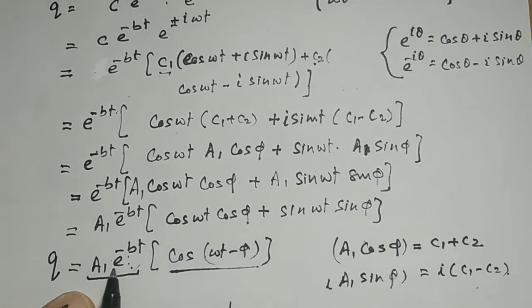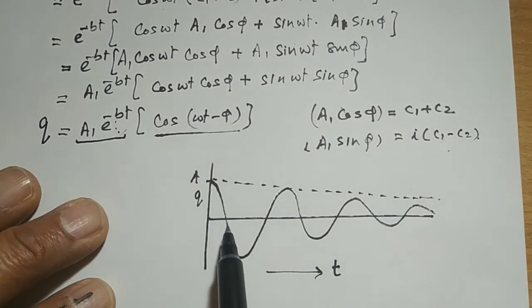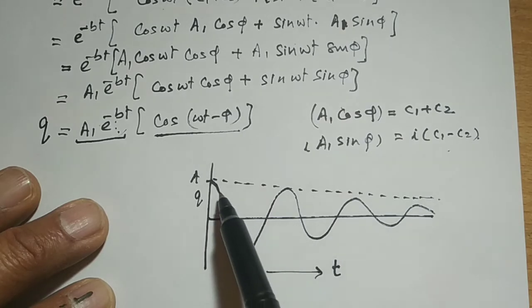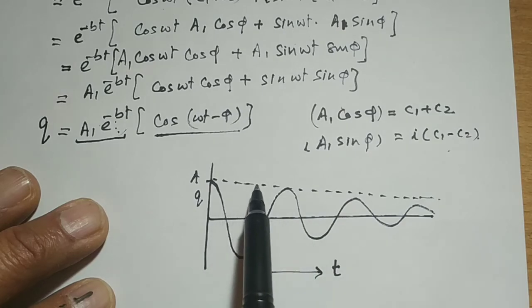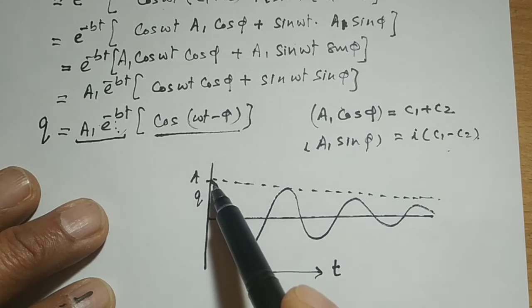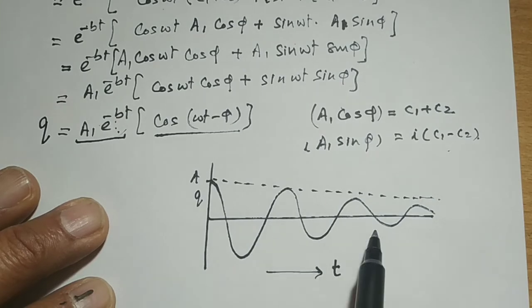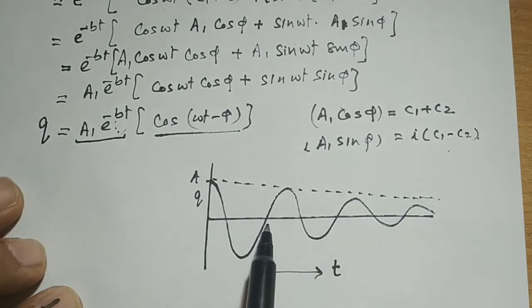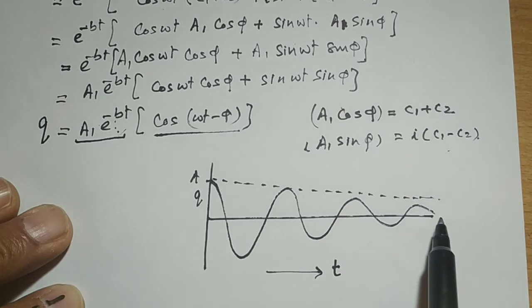This can be shown in a diagram: the variation is with the cosine function, but the amplitude is decaying exponentially. So these are the resultant oscillations of the lightly damped electrical oscillator, in which the charge decreases in this way with the passage of time.